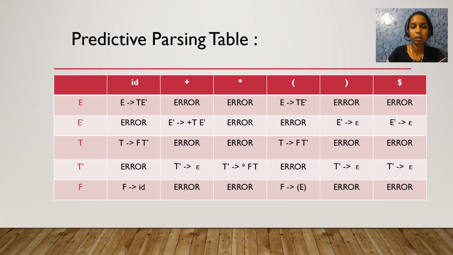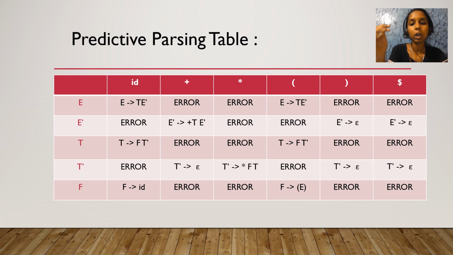So this is the predictive parsing table for the given grammar. The top row consists of all the terminals, and the first column consists of all the non-terminals.